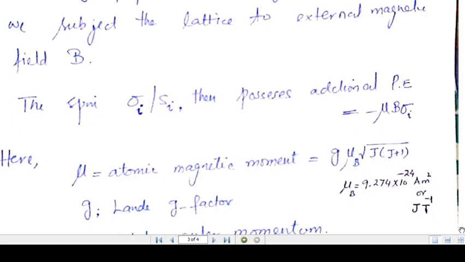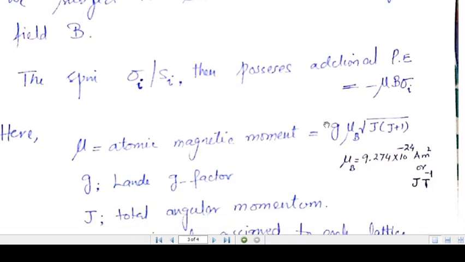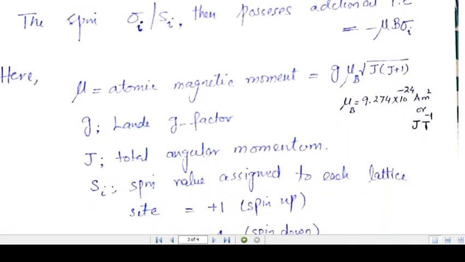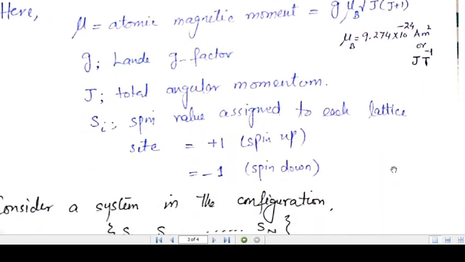And this g is known as the Landé g factor, which for electrons has a value of 2. So this is some constant number. This is also a constant number. And s i basically denotes the spin value which is assigned to each site.